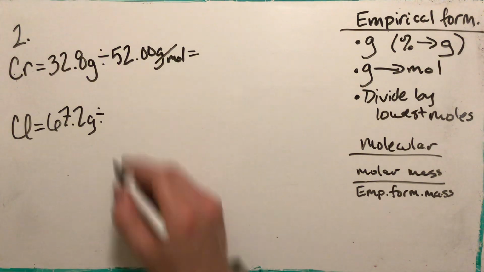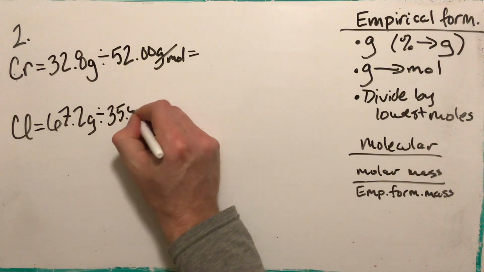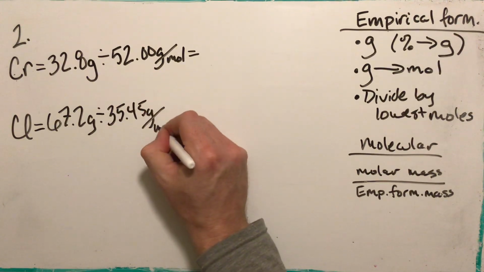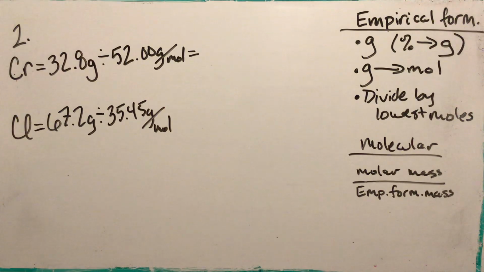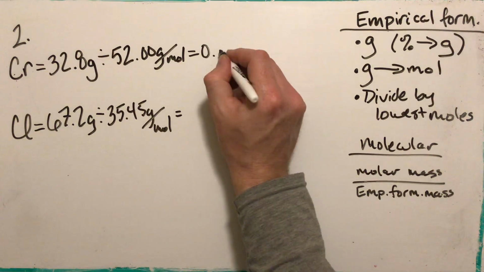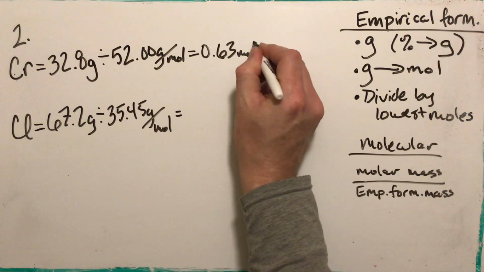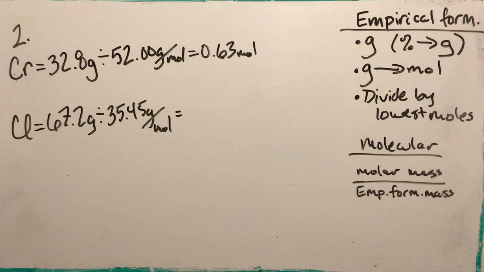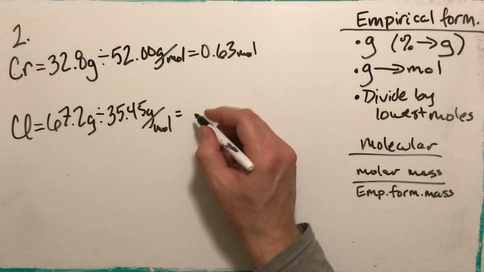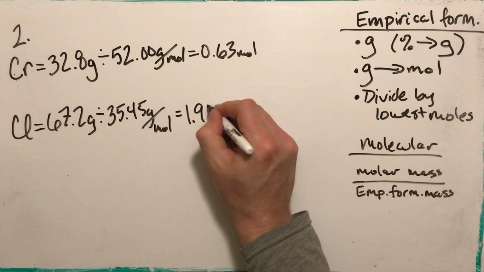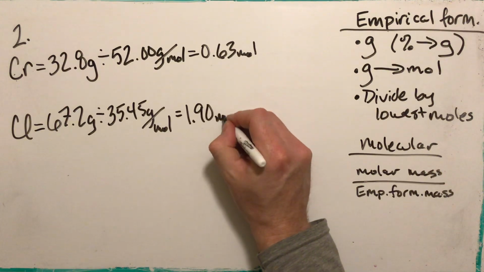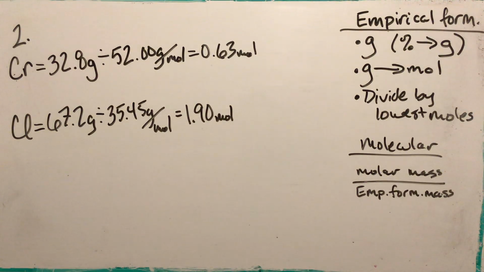And for chlorine, it is 35.45 grams per mole. I divide those out using the calculator. This one is 0.63 moles. And this one is 1.90 moles. So far, nothing really new.